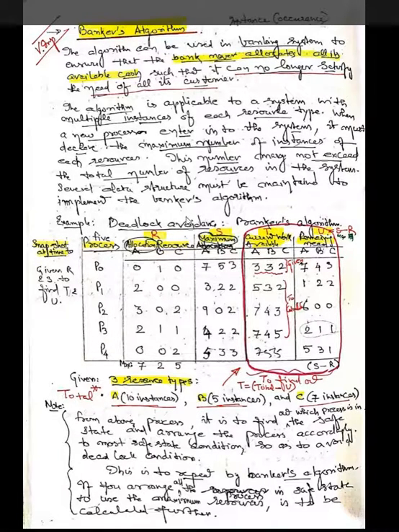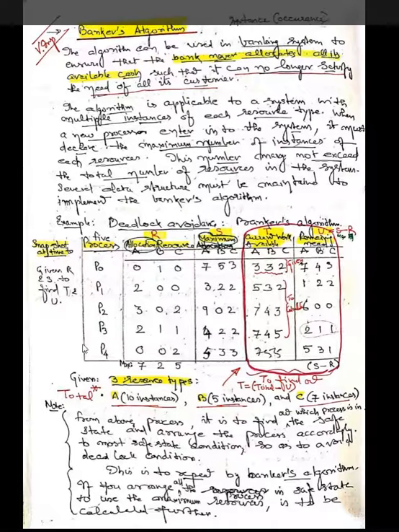In the deadlock algorithm, there are certain terms: available, maximum, allocation, and need. These are the main attributes used.